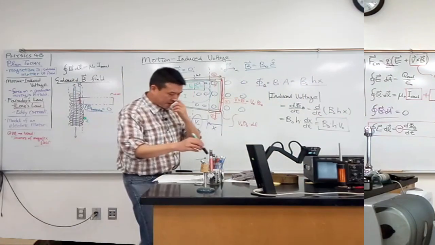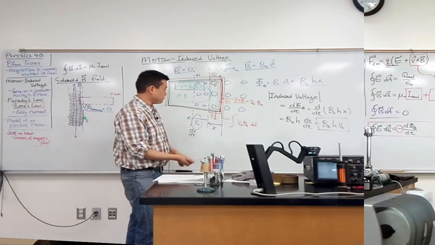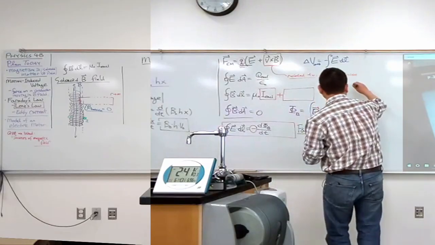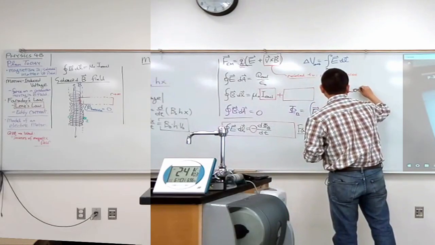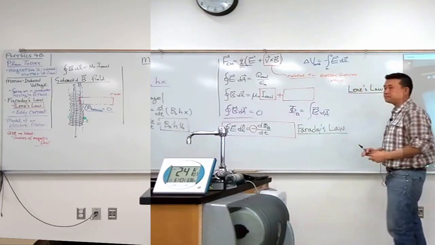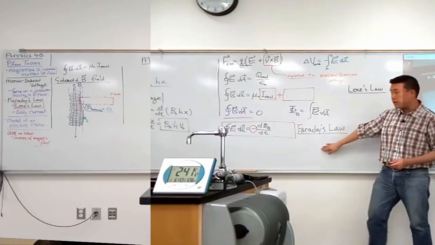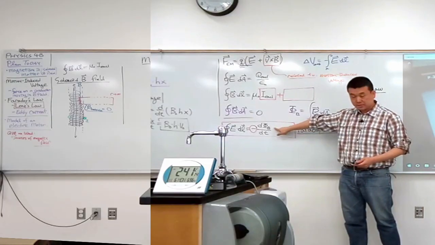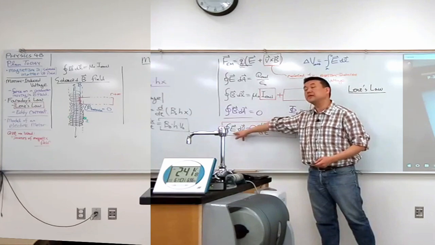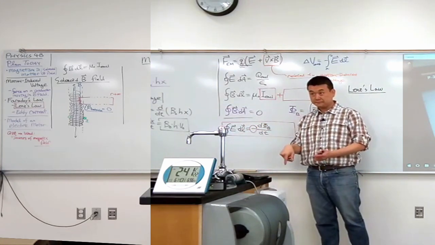So let me write down Lenz's law. It's a bit complicated law. So let me try to state Lenz's law here. Lenz's law. Let's see. It's related to Faraday's law, where change in magnetic flux induces the voltage, right? And this voltage is going to induce current if there's a conducting path, right?